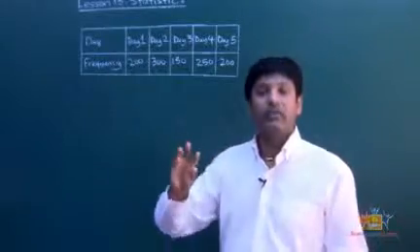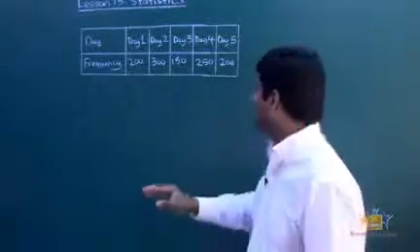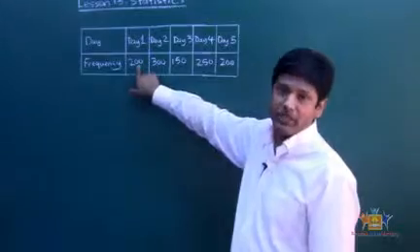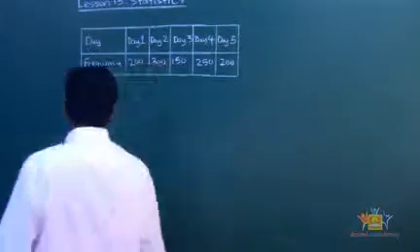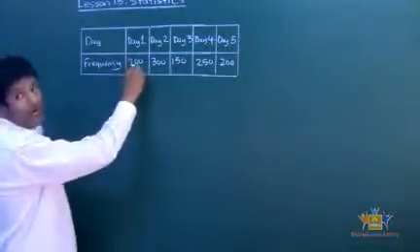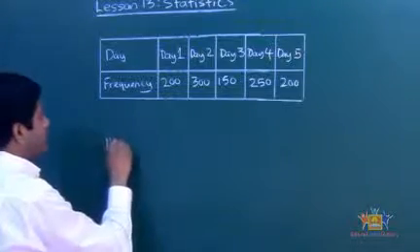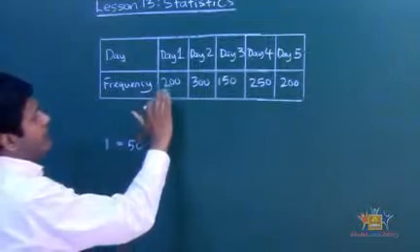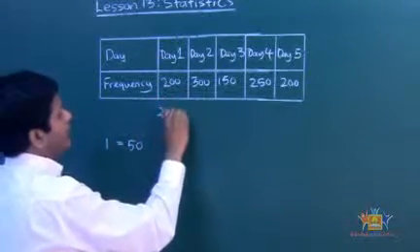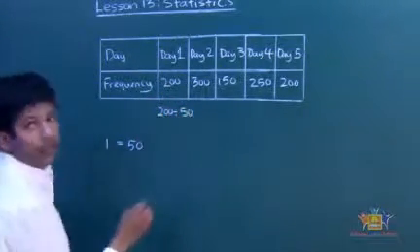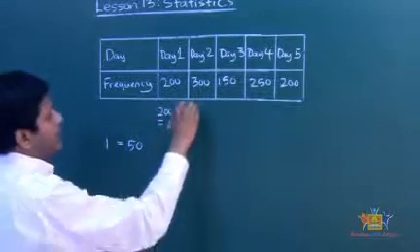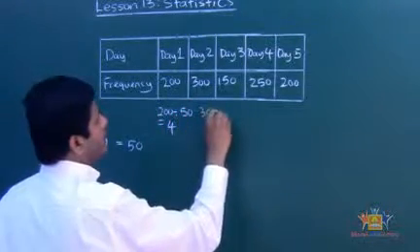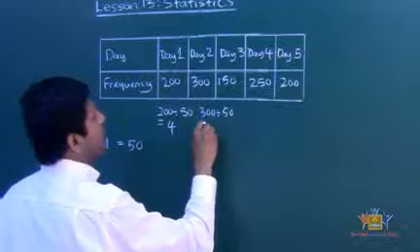Each chicken represents 50. That means for 200, how many chickens do you represent? We know that one chicken equals 50, so we take 200 and divide by 50, which gives us 4. This one, we take 300 divided by 50, which gives us 6.